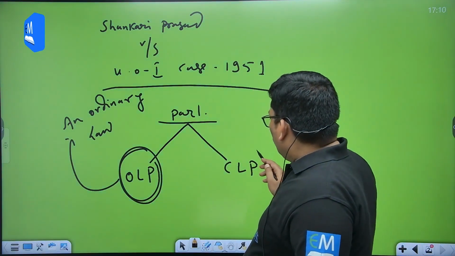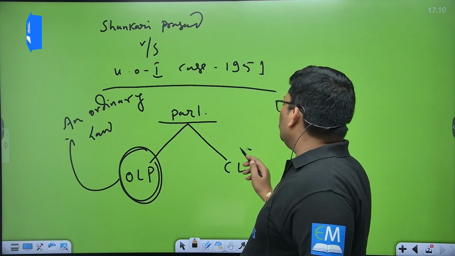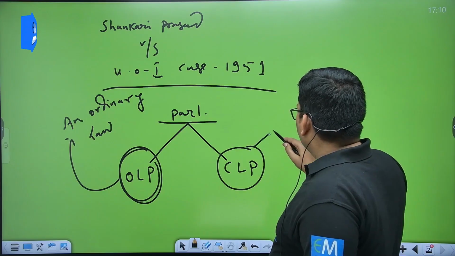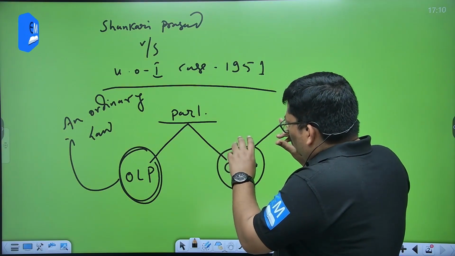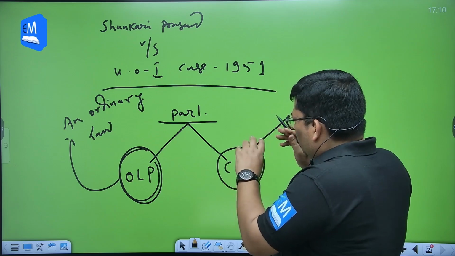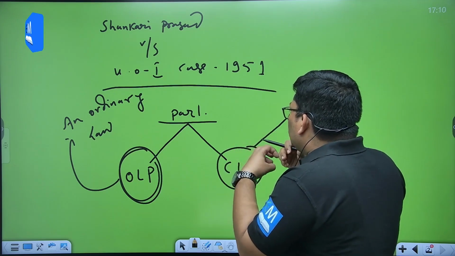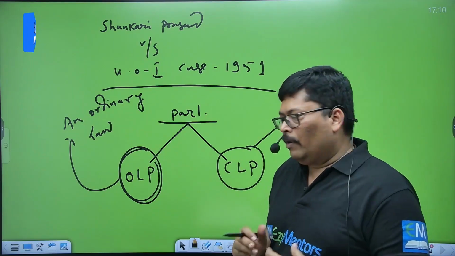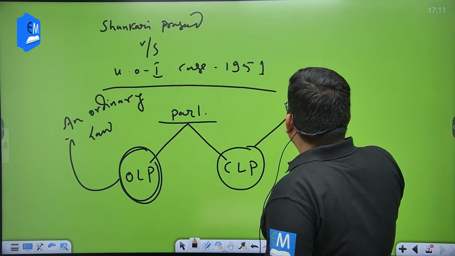When it comes to the constituent legislative power of the Parliament, the Supreme Court stated that whatever the Parliament of India discharges in the name of its responsibilities within the ambit of its constituent legislative power shall be referred to as constitutional law.